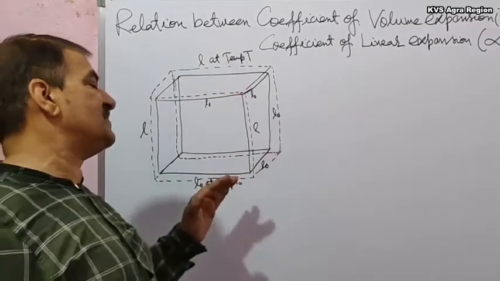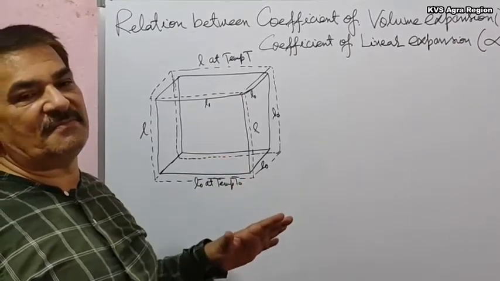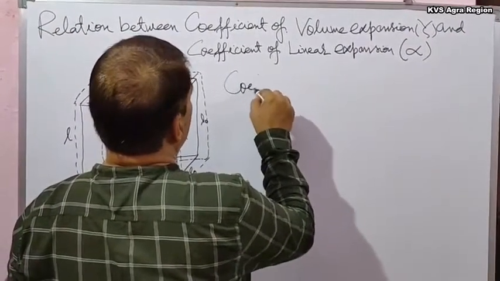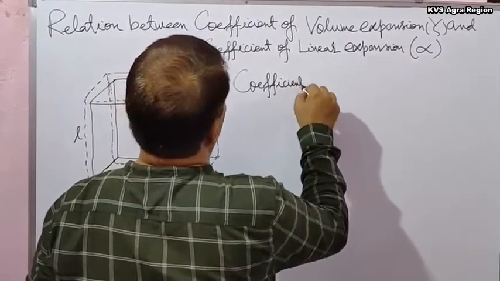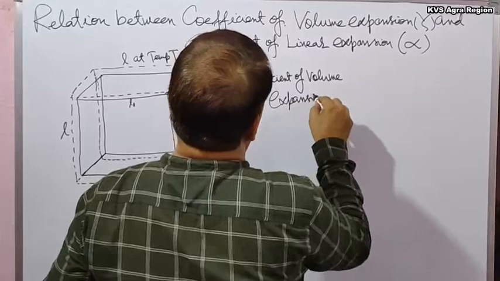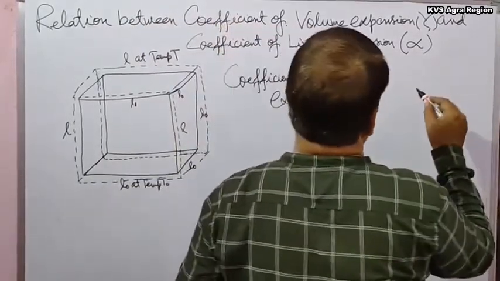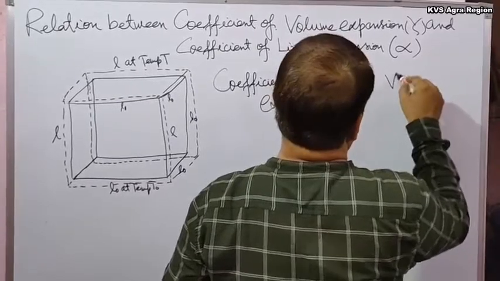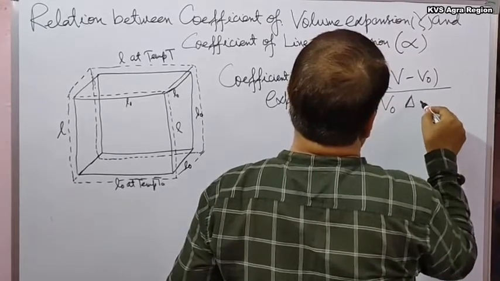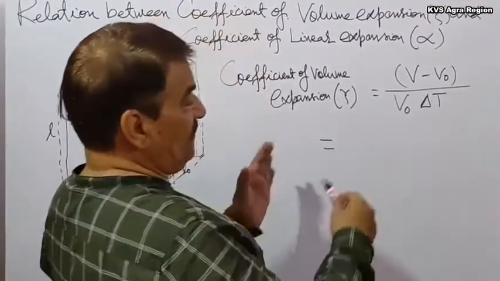When its temperature is increased from T0 to T, all its sides, length, breadth and height, become L. So gamma, the coefficient of volume expansion, is equivalent to change in volume upon initial volume into change in temperature.